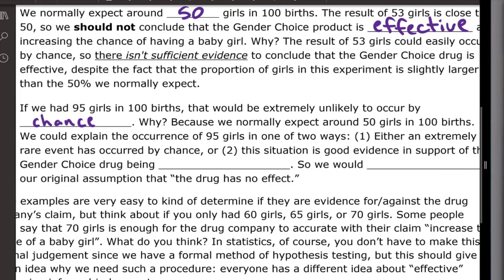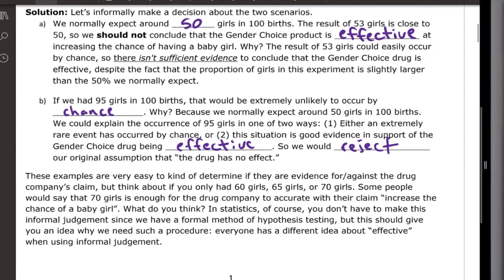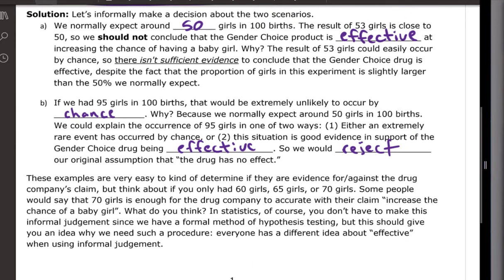This situation is evidence to support the gender choice drug being effective. So we would reject our original assumption, that the drug has no effect, which was what we assumed, and we have evidence to support the drug being effective.